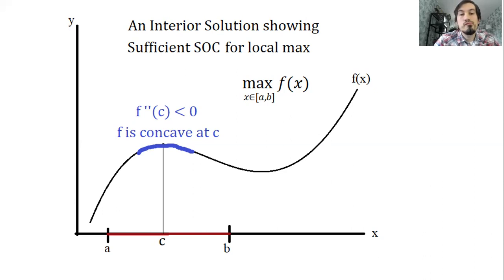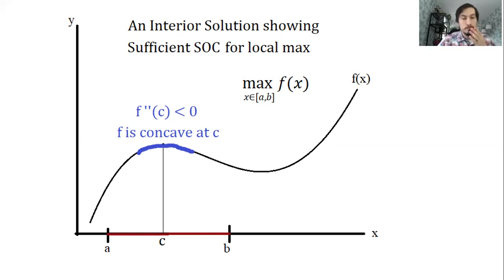Also, there might be a corner solution. If you have a corner solution, it won't necessarily be a local max, but it could still be a solution. I'll give you an example that's like that later.